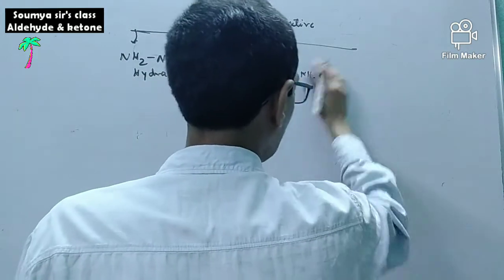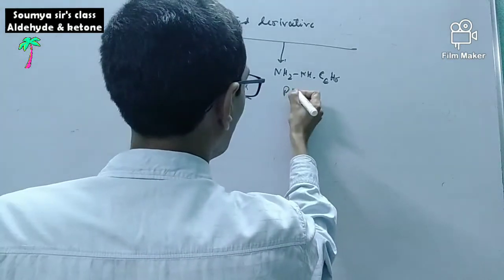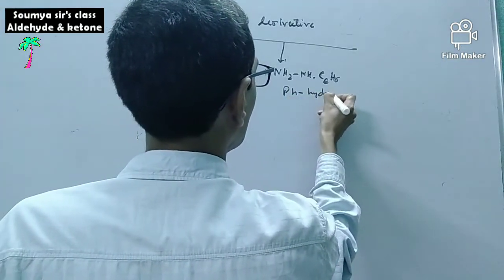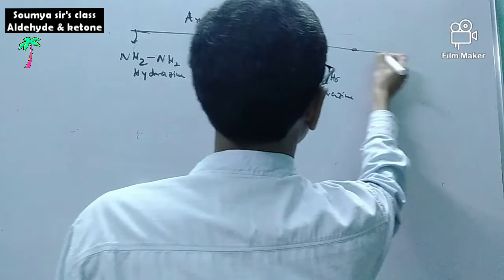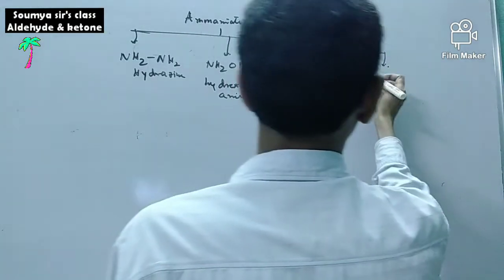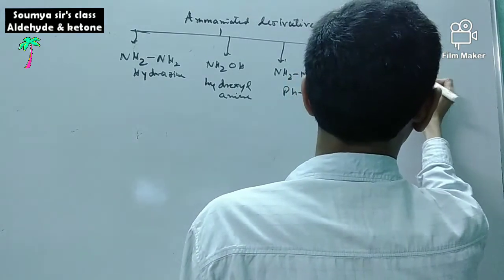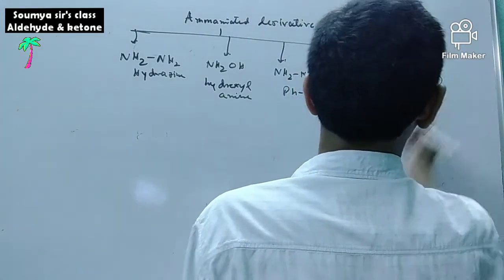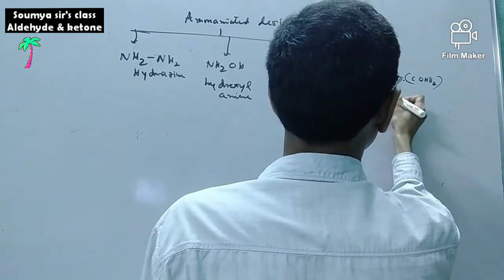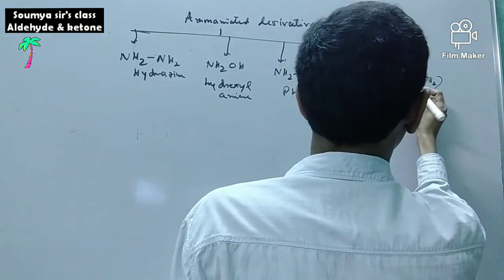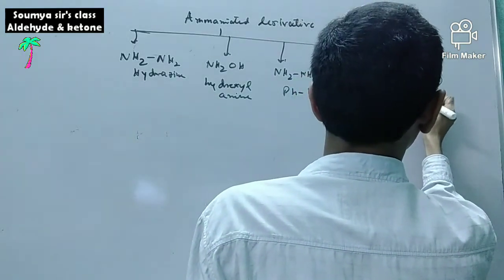This is the phenyl group, so this is called phenyl hydrazine. And lastly, this is semicarbazide, NH2.NH with one amide group intact. That is semicarbazide.